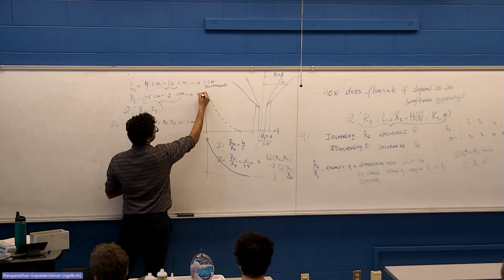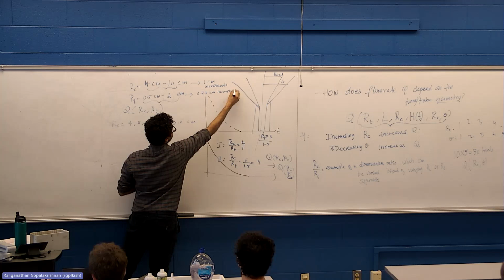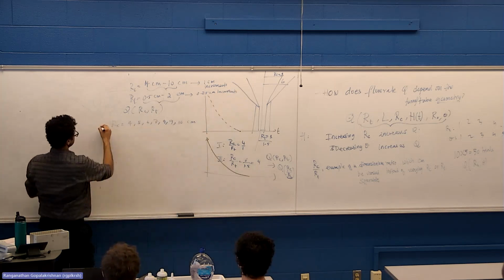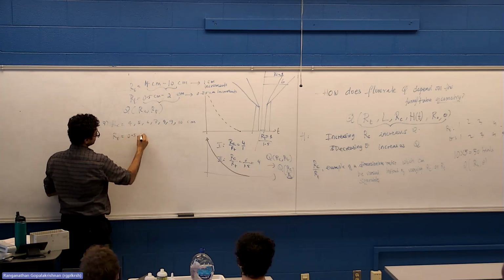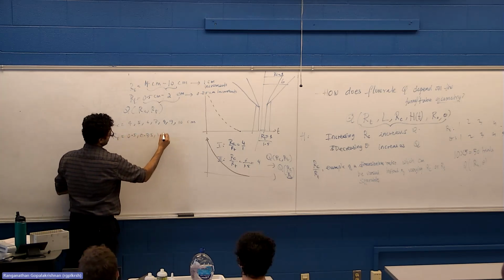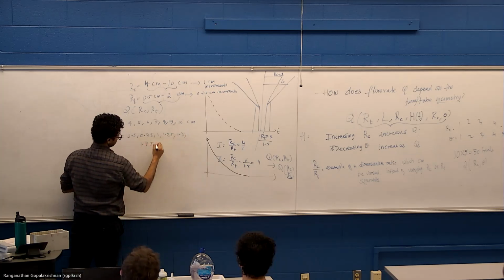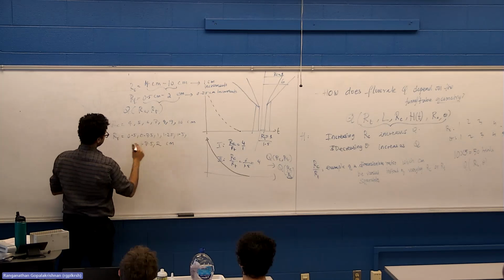Let's say we cover this in 0.25 centimeter increments. So RT is 0.5, 0.75, 1, 1.25, up to 2 centimeters. So that's 1, 2, 3, 4, 5, 6, 7.